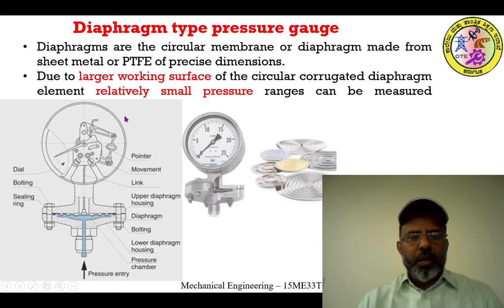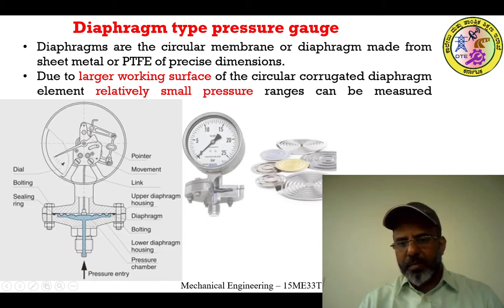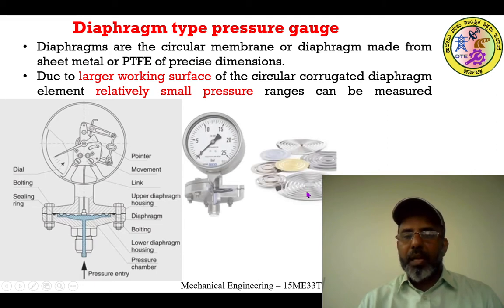And this corrugated diaphragm which I have shown here has a large, circular surface area of corrugated shape. Because of this large working surface of the circular corrugated diaphragm, it can measure relatively small pressures.